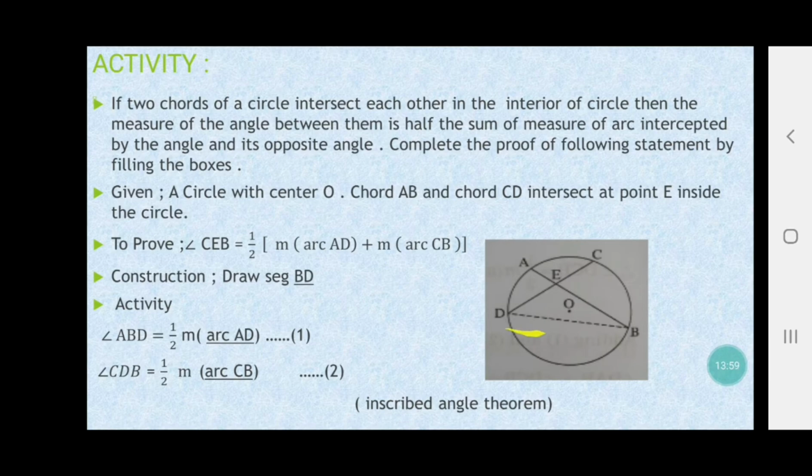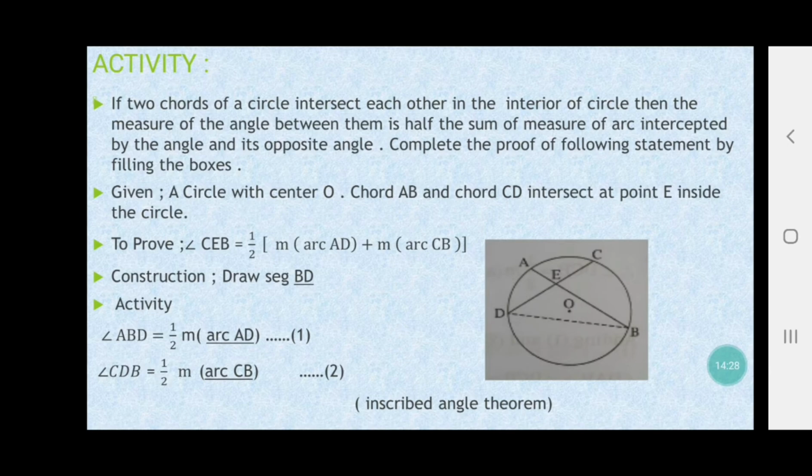We have to join DB over here. After joining DB, what do we get? Angle ABD will be equal to half measure arc AD, right? Angle CDB will be half measure arc CB. Now just concentrate on the triangle EDB.